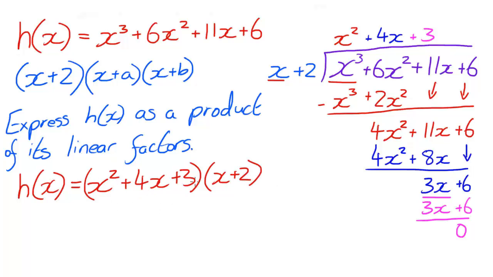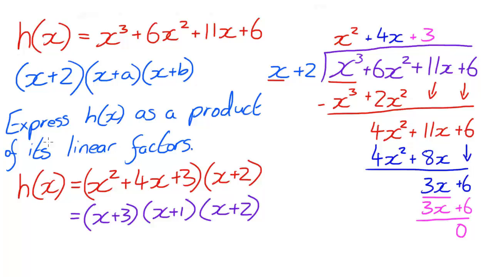They want you to break out this quadratic into smaller terms. So how do we factorize that? We're going to have to say that is equal to x plus 3 and x plus 1 and x plus 2 in there. So this is our final solution there.